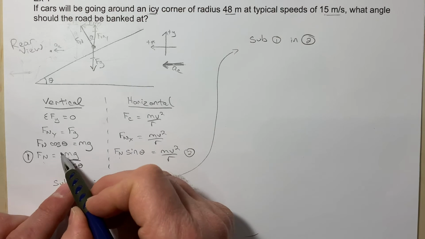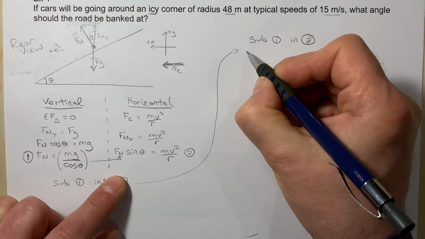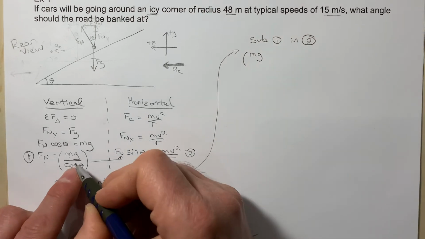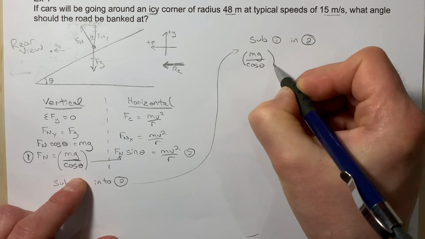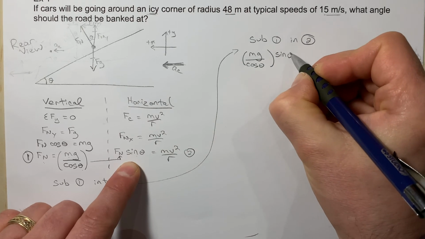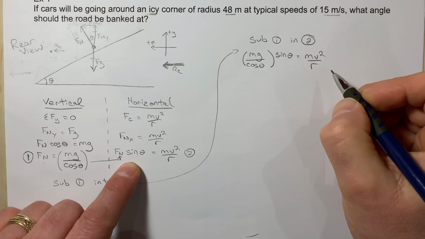I'm going to take this whole big bracket, it's going to go right in there. We don't really need these brackets, but let's put them just so you can see what I'm subbing in. This thing here, mg over cos theta, that's Fn. I still have a sine theta out here, and that's equal to mv squared over r.